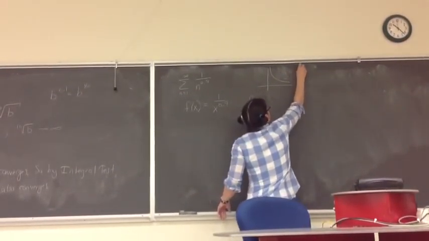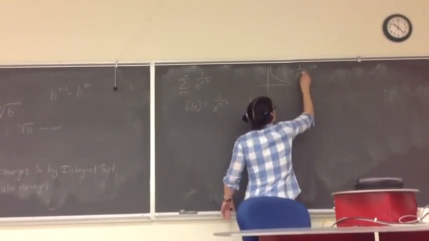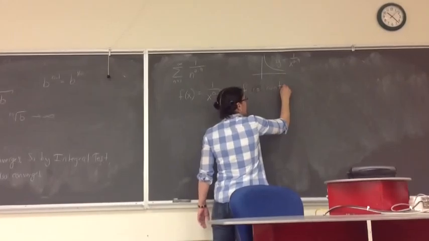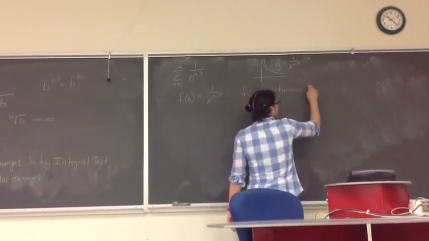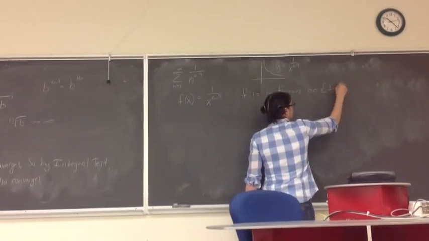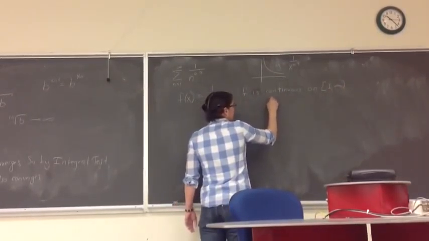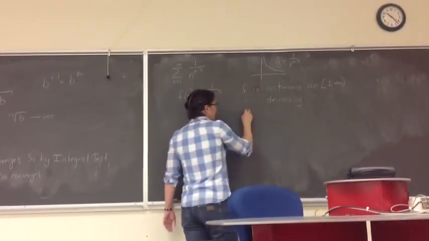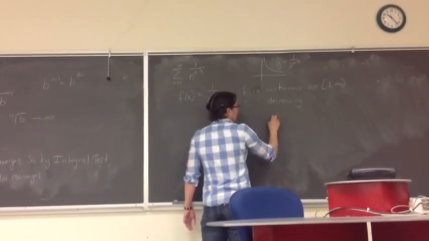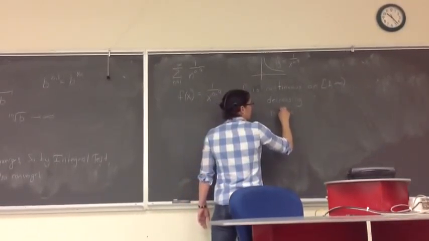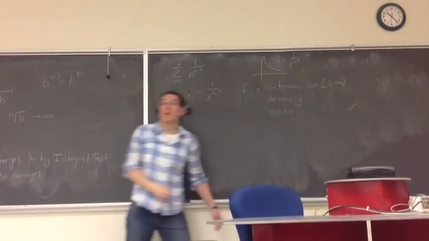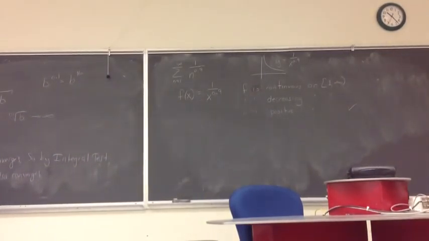So this is y equals 1 over x raised to the 0.9. f is continuous on the interval from 1 to infinity. f is decreasing on that interval, and f is positive, in other words, above the x-axis on the interval from 1 to infinity. So we've chosen a good f. If we cannot check off all of those requirements, we cannot use the integral test.